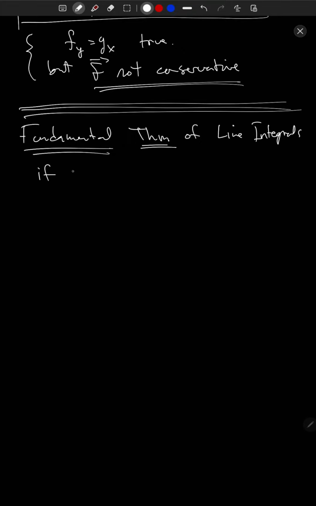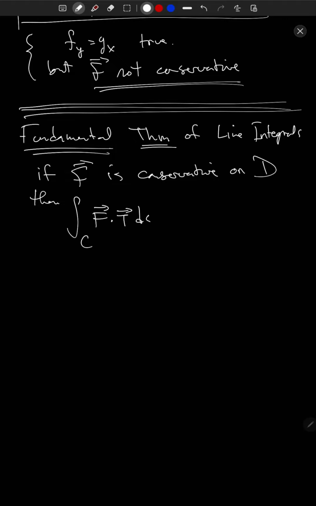Okay, if F is conservative, let's say on some domain D, then the integral over C of F dot T ds, this is my line integral in question, is actually going to be super simple.